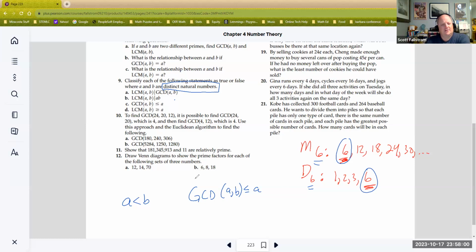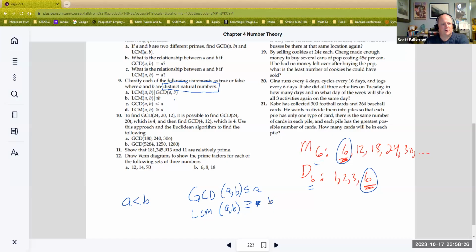And then the LCM of A and B actually has to be greater than or equal to each of the numbers. So again, A is the smaller number. It has to be greater than or equal to A. It also has to be greater than or equal to B. And B is actually bigger in this case. So I'd probably use that one since that would push the number out just a little bit further.